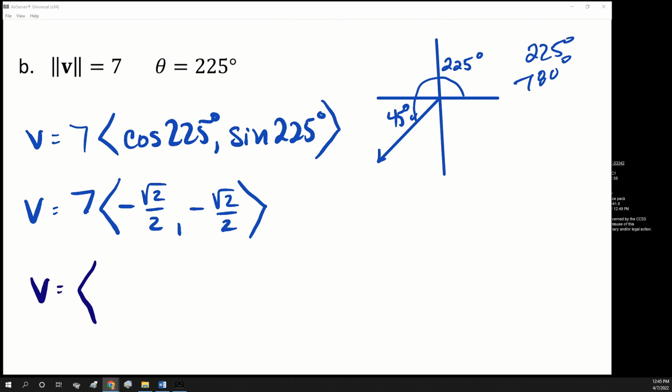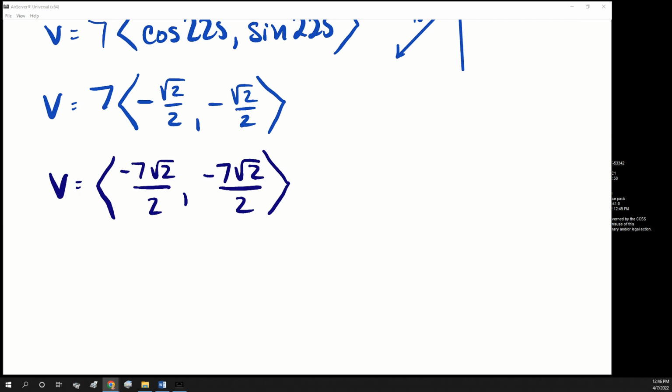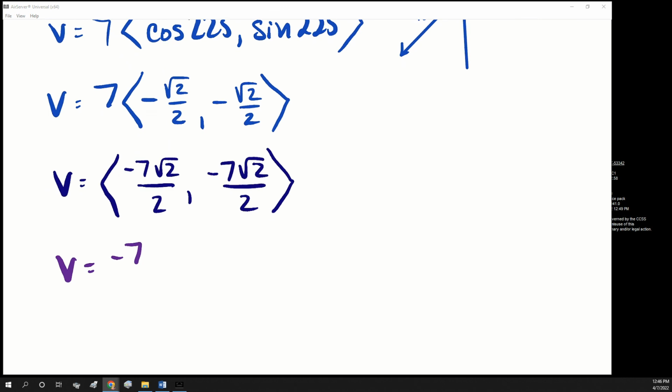And then when we multiply by 7, nothing cancels out like the other ones, so it's just going to be kind of a crazy looking fraction. That's the component form. And then for linear combination form, we just put in the i and the j.